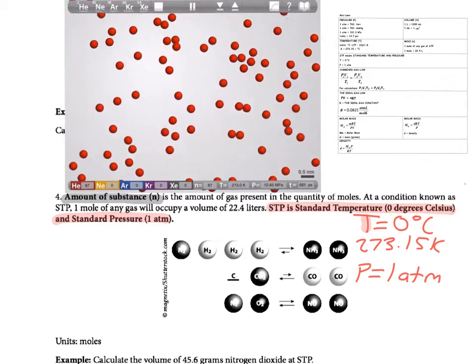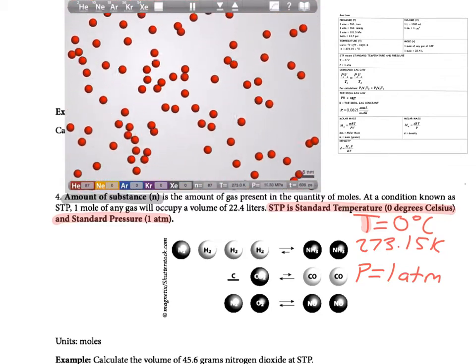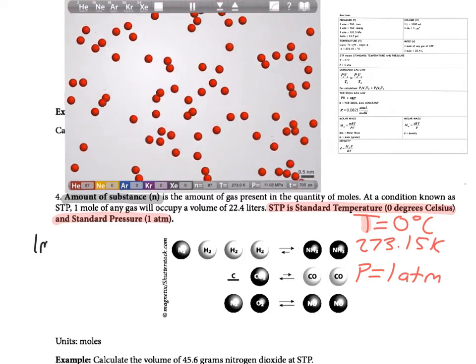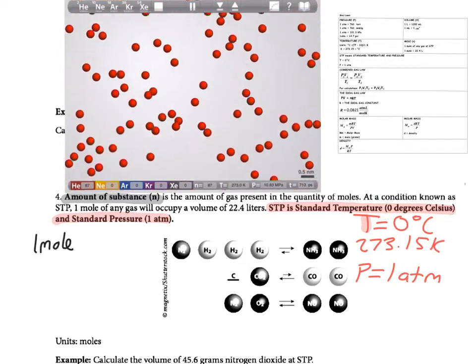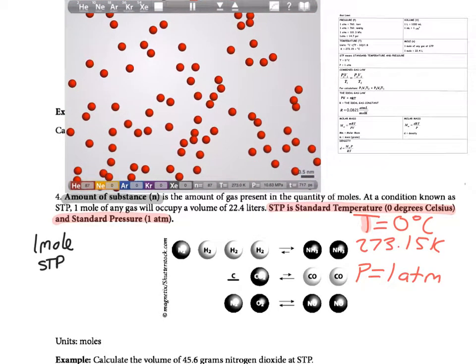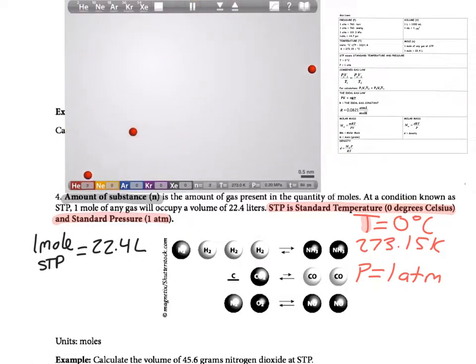But what's interesting about this condition of STP is that 1 mole of any gas at STP, so it has to be at the conditions of STP, occupies a volume of 22.4 liters. And that's going to be really key with doing some of our conversions.